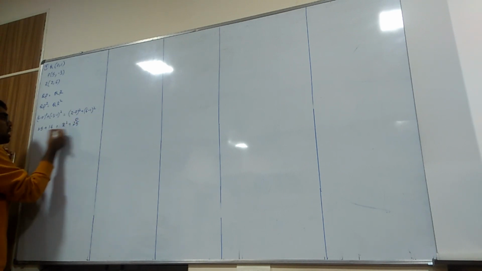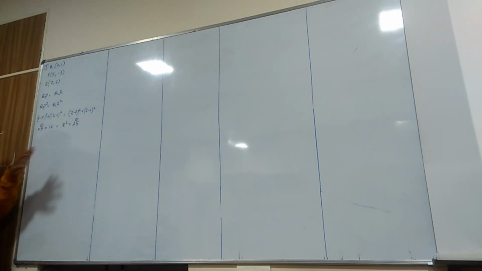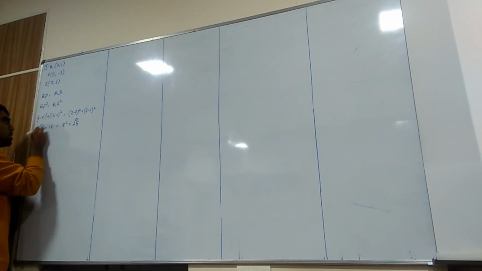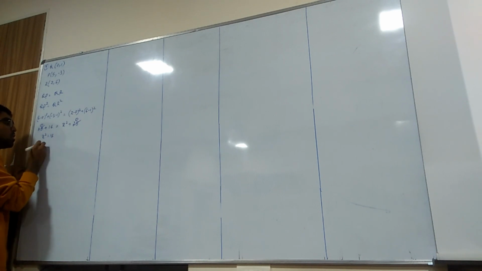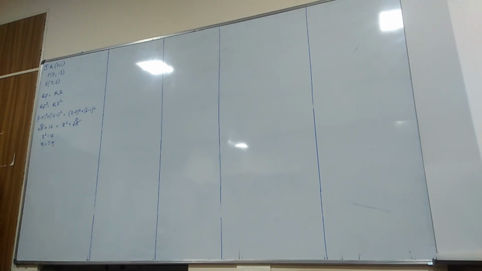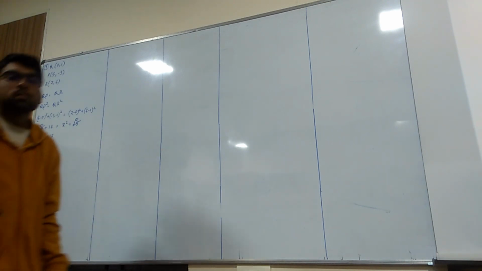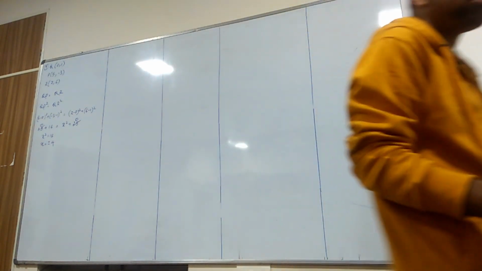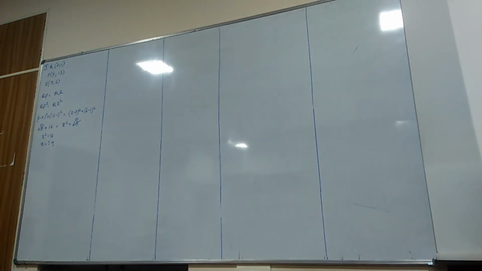There is plus 25 here, there is plus 25 here. If I take it to the other side, they get cancelled, right? So x square is equal to 16. What will be x? Plus or minus 4. It can take both the values, plus 4 as well as minus 4.